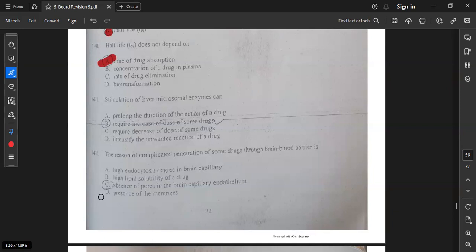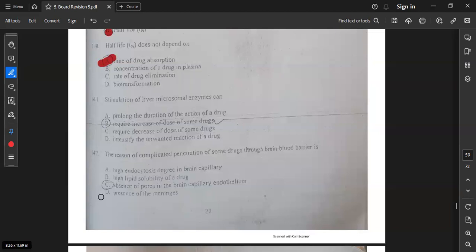For the other choices, they are more of the inhibition, because if you inhibit the liver microsomal enzymes, you have prolonged duration of action. The drug is not being removed from the body, so for these drugs we need to decrease the dose. And to intensify the unwanted reaction means the drug is staying in the body for a long time, so we're having those side effects more than when stimulation is high.